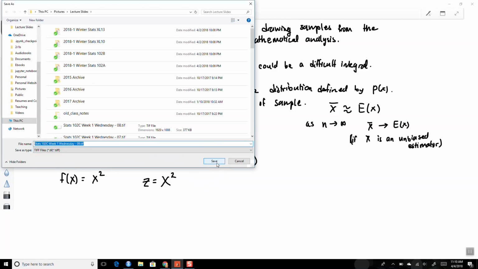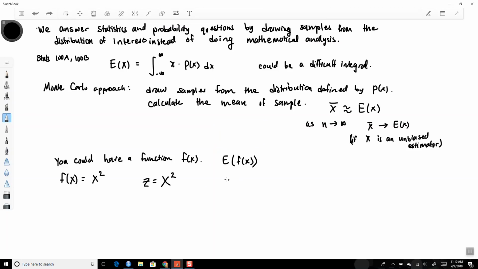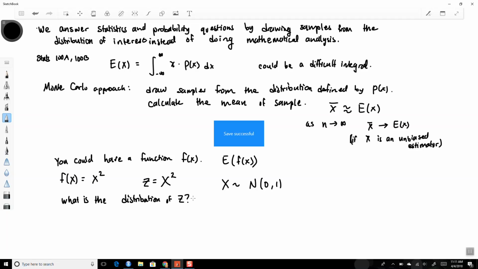And we could say, this is lecture 2. Okay, and if x comes from, let's say, normal distribution 0, 1, then what is the distribution of z in this case? Right? Okay, and so do we recognize this thing?